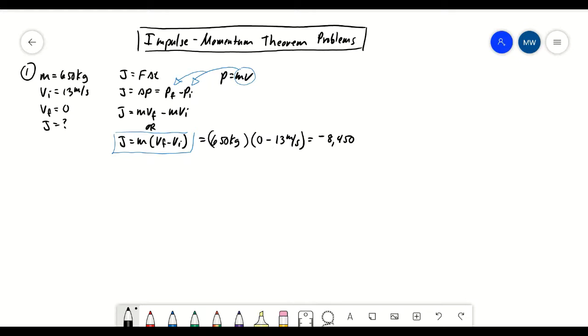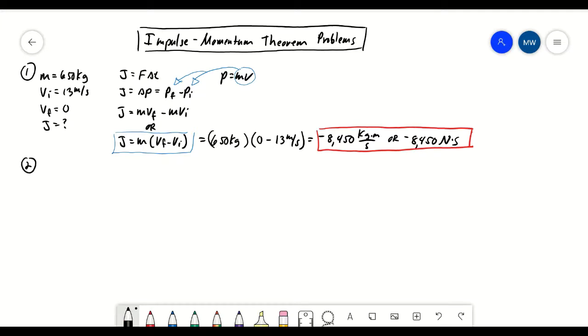And we have two sets of units that we can choose from. Kilogram meters per second is perfectly fine. Or we can have negative 8,450 Newton seconds. That's the other acceptable unit for momentum. So there's the answer for number 1.